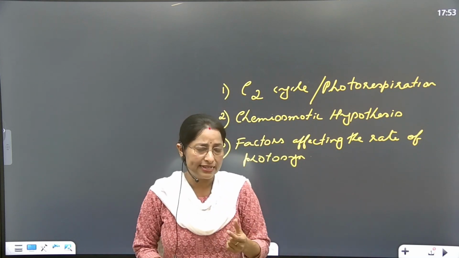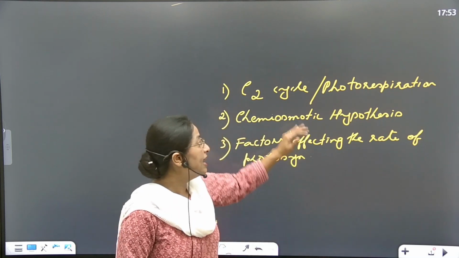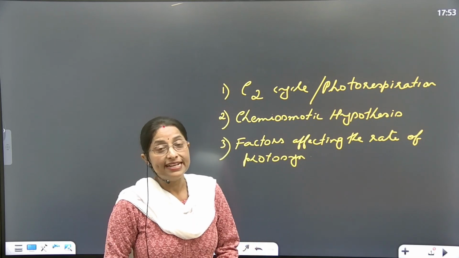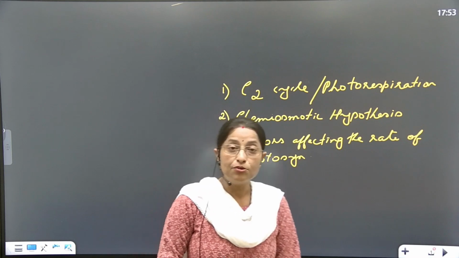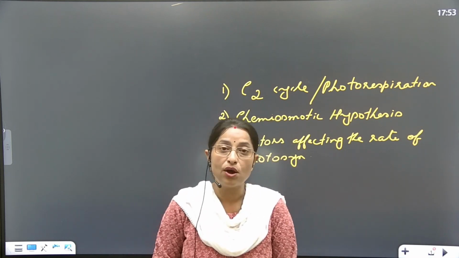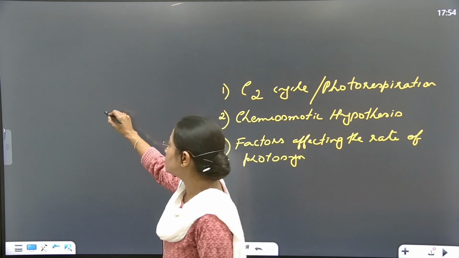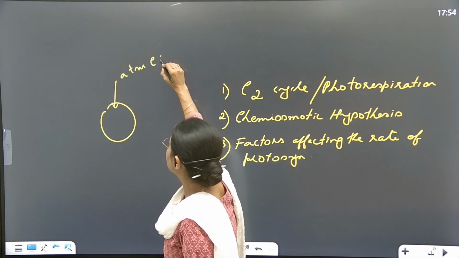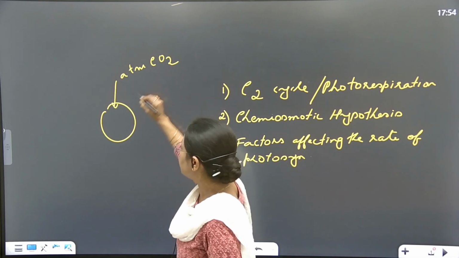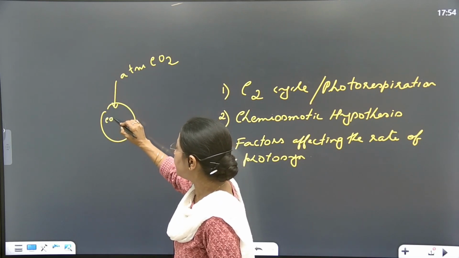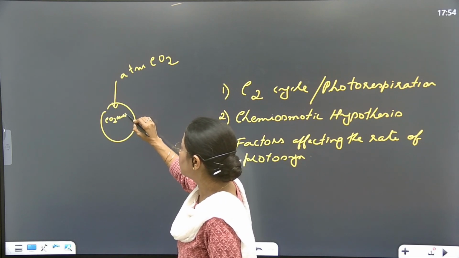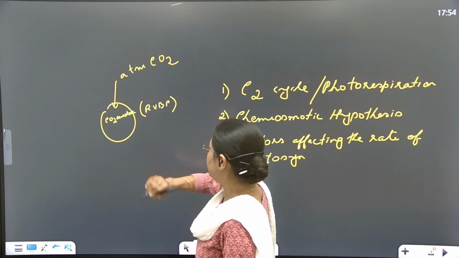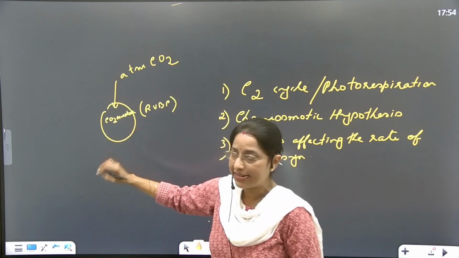Just to have a simple idea about photorespiration, this is the cycle that generally operates in C3 plants when inside the cell the amount of carbon dioxide is less compared to the oxygen present inside the cell. We know that the cell takes in atmospheric carbon dioxide for photosynthesis to occur. This atmospheric carbon dioxide is accepted by a carbon dioxide acceptor, and later we will be studying RUBP, which acts as the carbon dioxide acceptor.